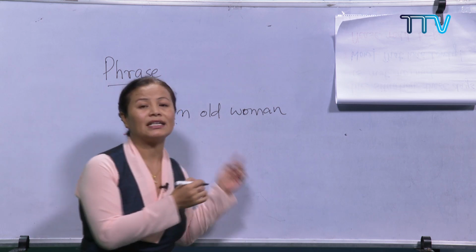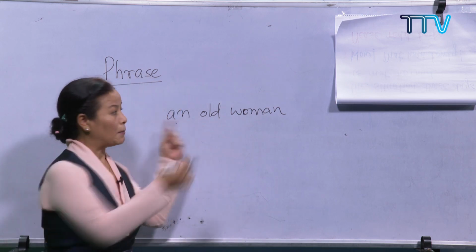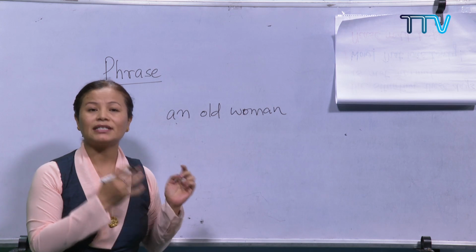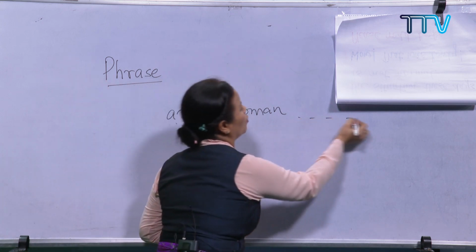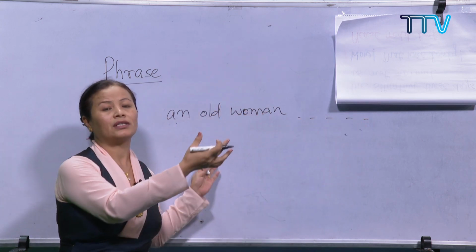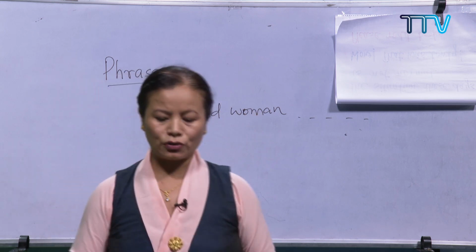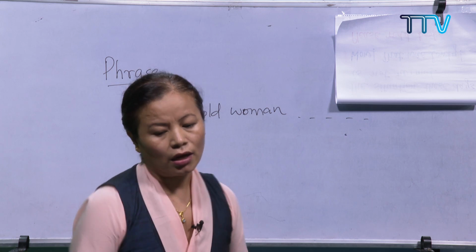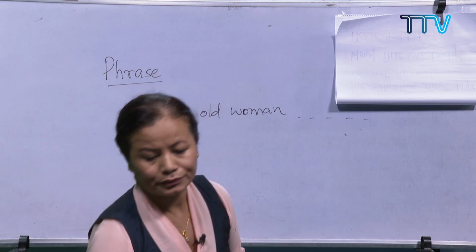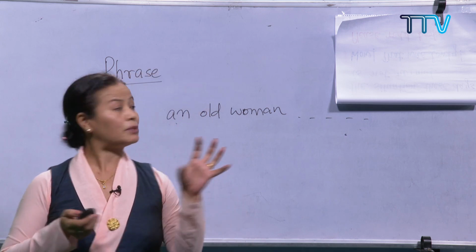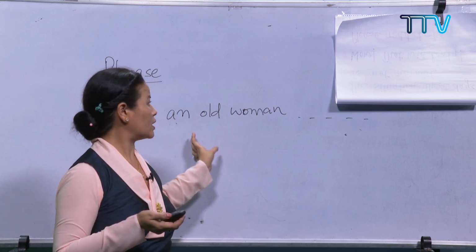So this is not a sentence. An old woman is not a sentence, but this forms a part of a sentence. So we can add something more to that. An old woman, then what? In order to make it a complete sentence. So a phrase is a group of related words that work together as a unit but does not have a subject and a verb.